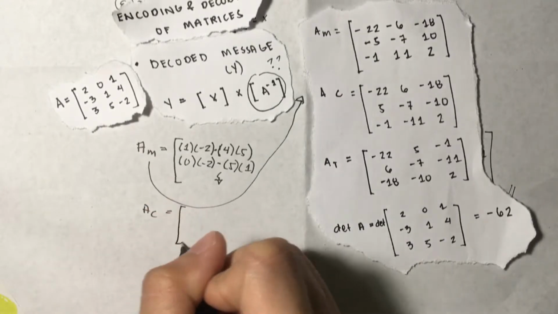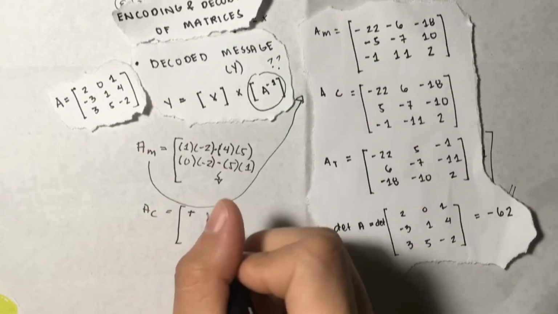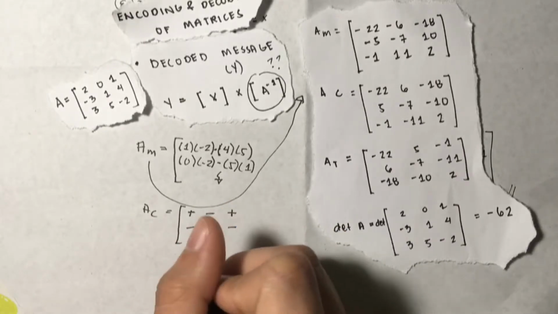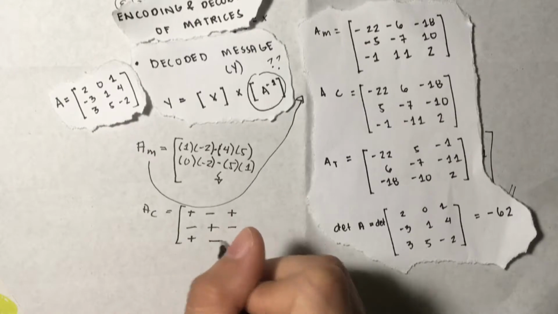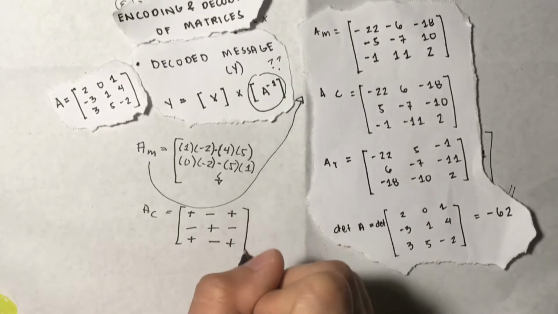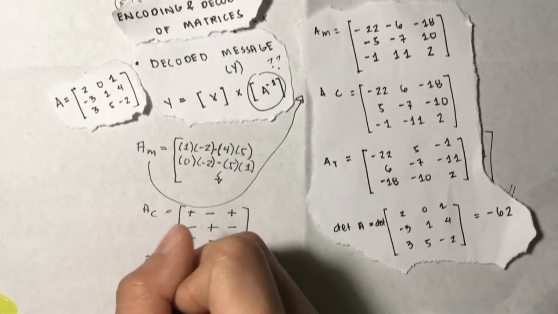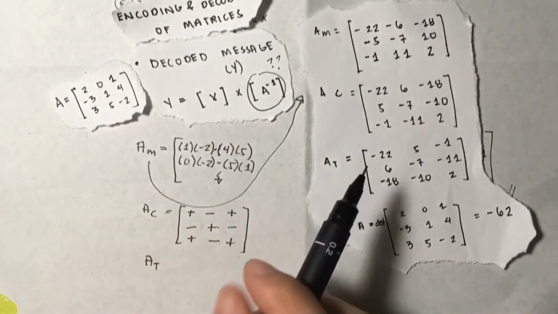After we have solved for the minor of A, we'll be able to easily get the cofactor of it. We'll just change the signs: positive, negative, positive, then negative, positive, negative, then positive, negative, positive.